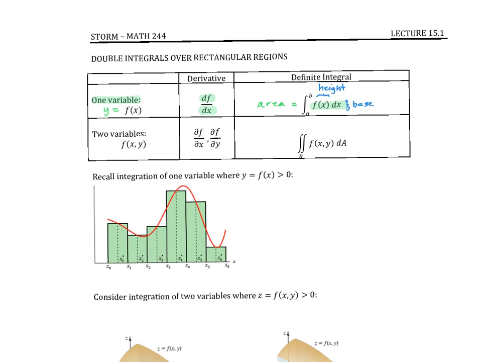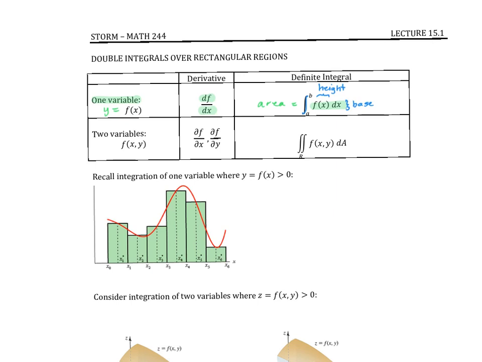So essentially what we're doing when we integrate is we're summing, which is why there's a big S, we're summing up the areas of rectangles with a height of f of x and a base of dx. So dx is just a very, very small base, right? Essentially getting closer and closer to 0.